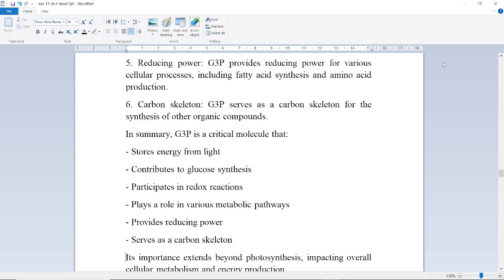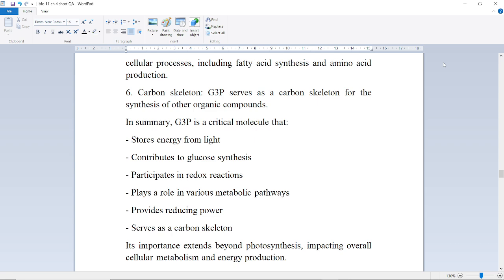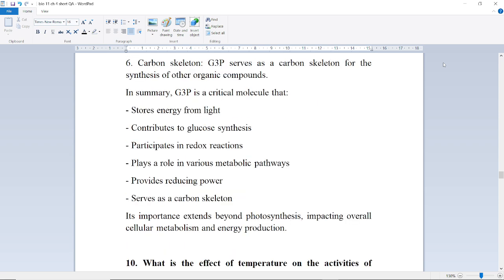In summary, G3P is a critical molecule that stores energy from light, contributes to glucose synthesis, participates in redox reactions, plays a role in various metabolic pathways, provides reducing power, and serves as a carbon skeleton. Its importance extends beyond photosynthesis, impacting cellular metabolism and energy production.